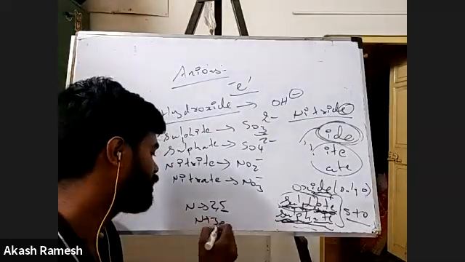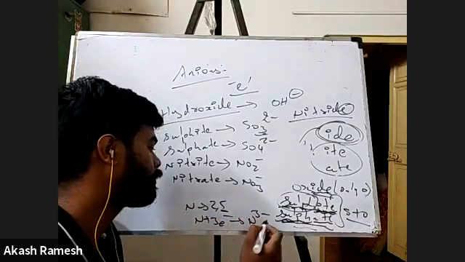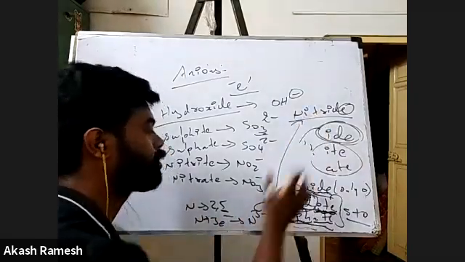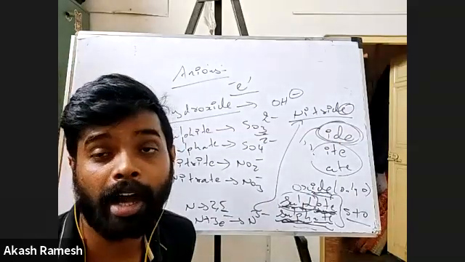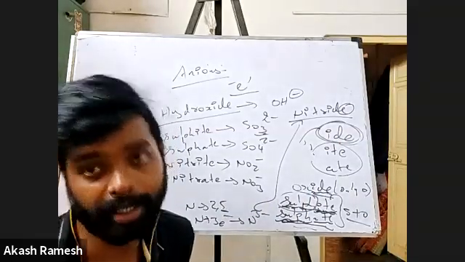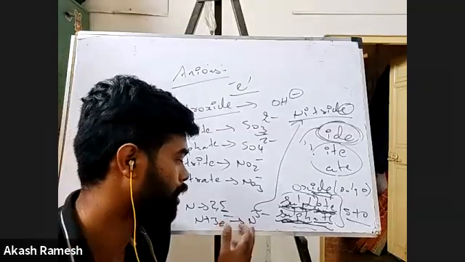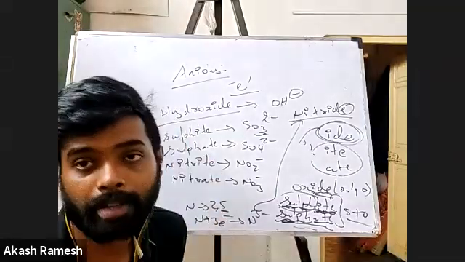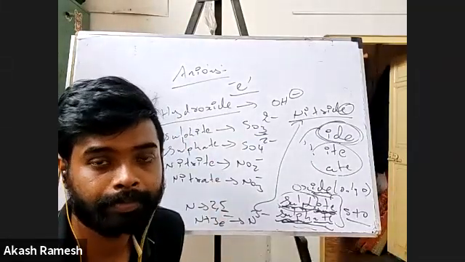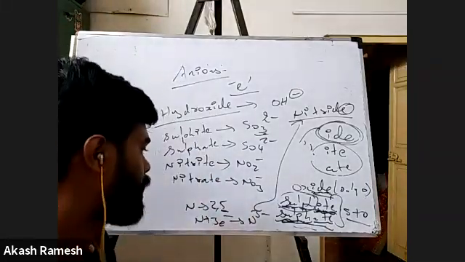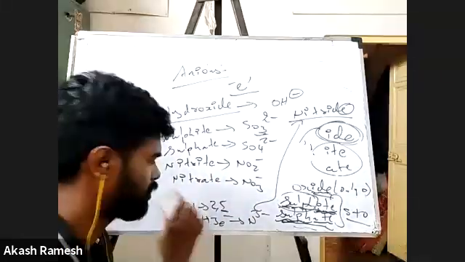Nitrogen will accept 3 electrons to form N3 minus, and this is the formula for nitride. IDE means only nitrogen, and the formula of the ion is N power 3 minus. Okay, fine. This is just to go back and explain to you.